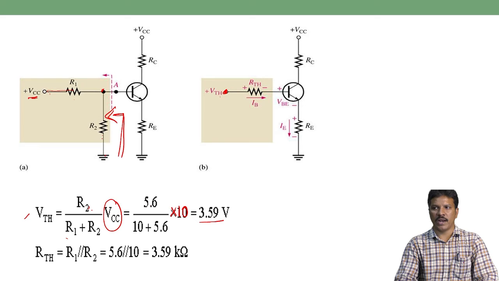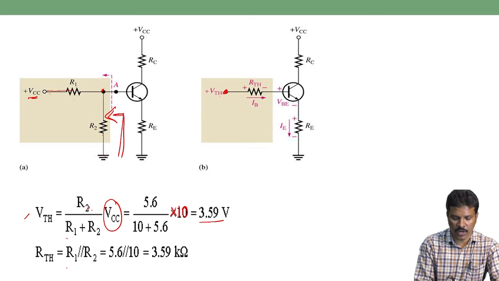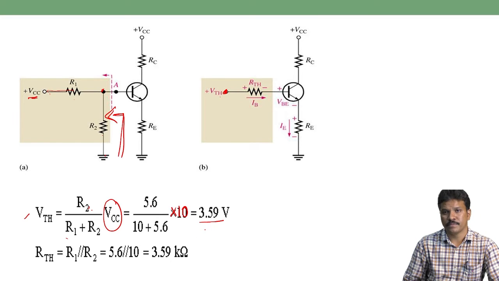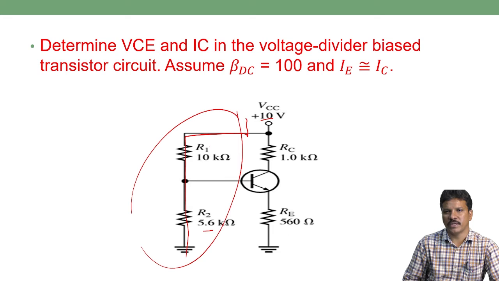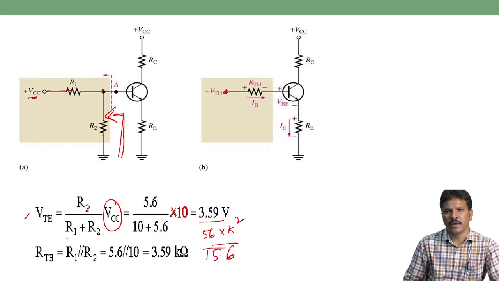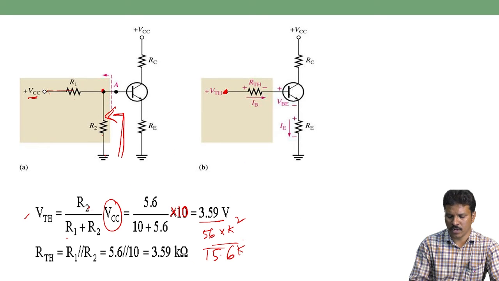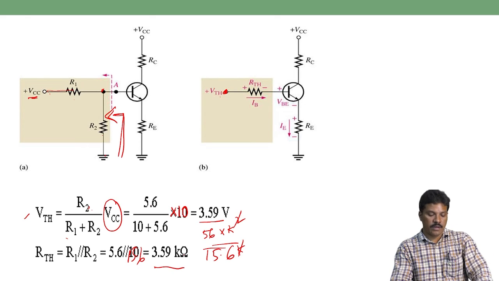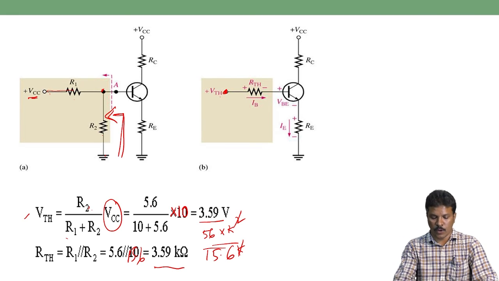So RTH is equal to R1 parallel R2, nothing but R1 R2 divided by R1 plus R2. 10 into 5.6 is 56 kilo ohm square, divided by 10 plus 5.6, that is 15.6 kilo. One kilo cancels, and 56 divided by 15.6 gives 3.59 kilo ohms.